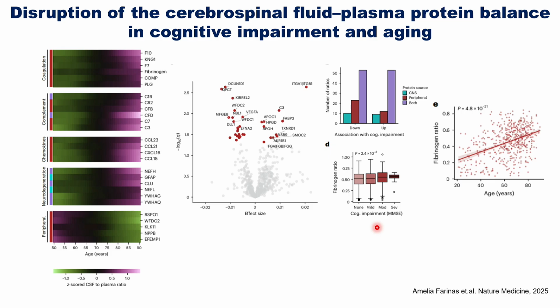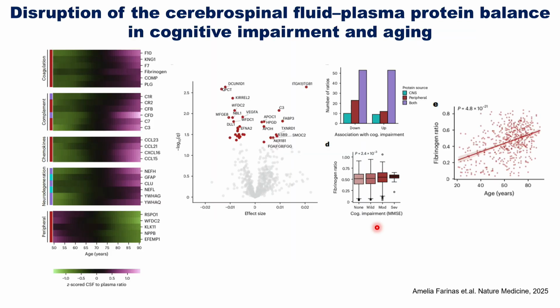This study shows that with aging there is a breach of the blood-brain barrier, and that can lead to cognitive impairment. And how do they say the breach is there? Because they compare the CSF to plasma ratio of the proteins.